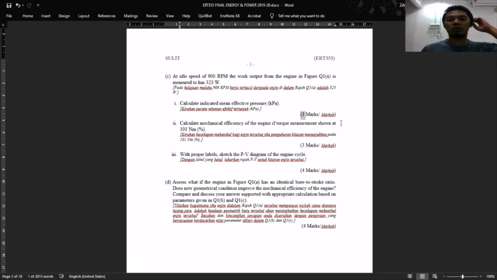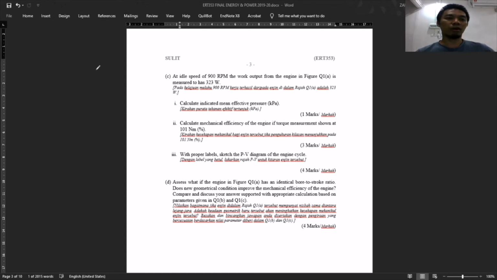After you sketch the PV diagram, you need to label it, and you can have 4 marks. It's a big mark there. Let me go solve this C question.